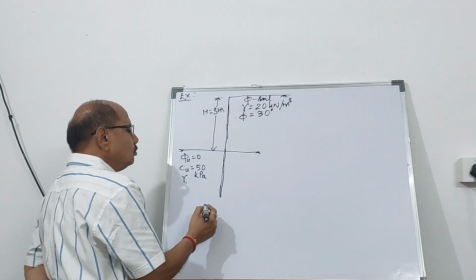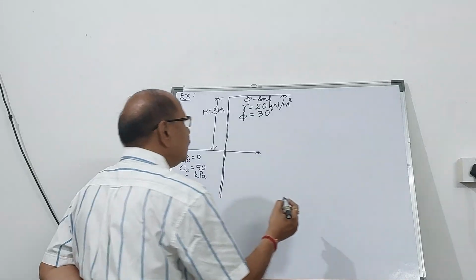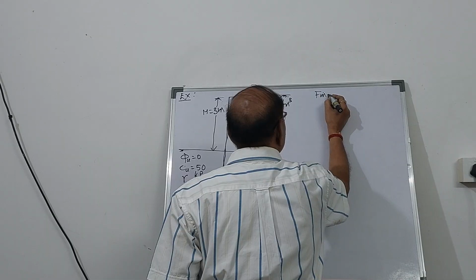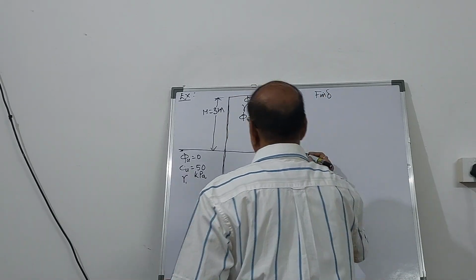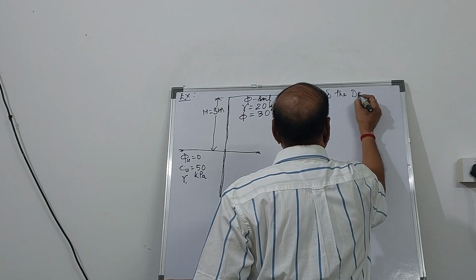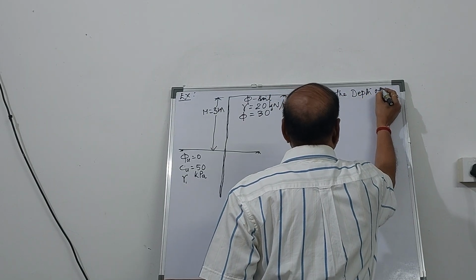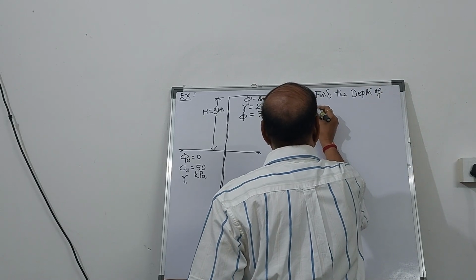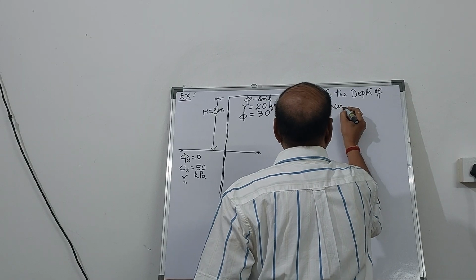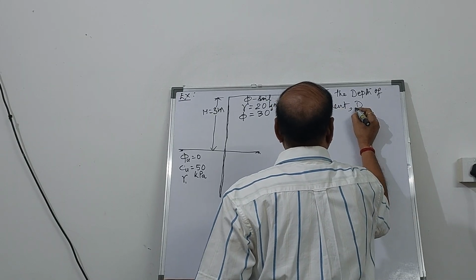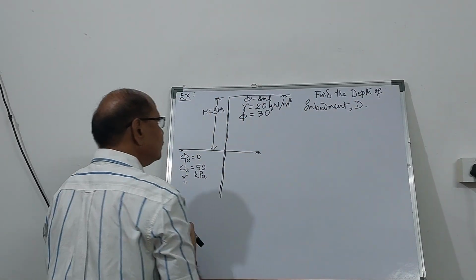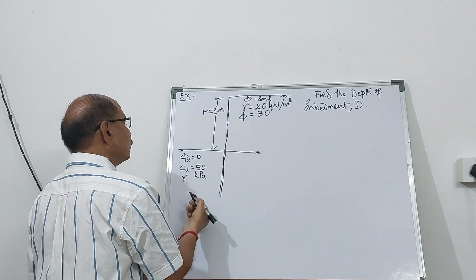We need to find out the depth of embedment. So for this sheet pile, find the depth of embedment, capital D. So it is embedded in the cohesive bed.